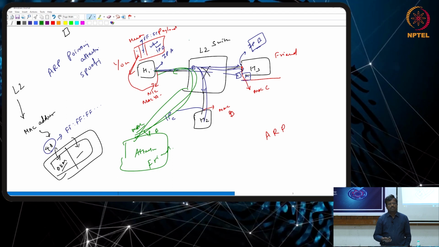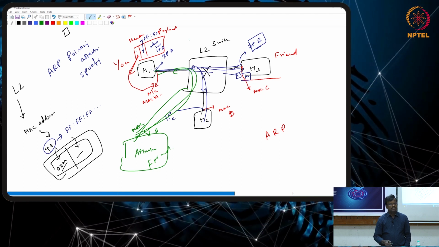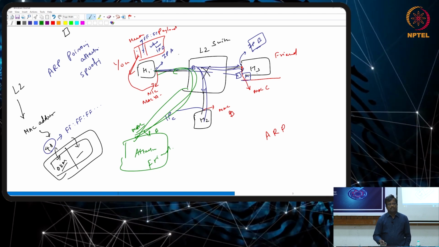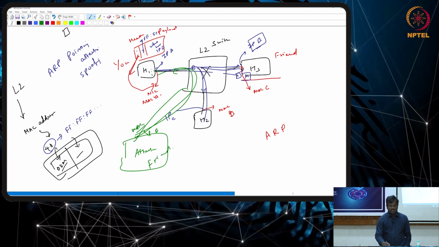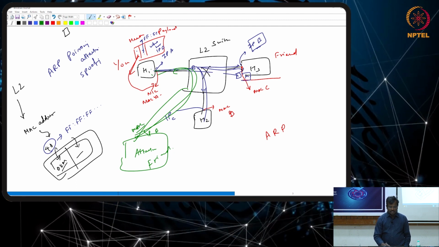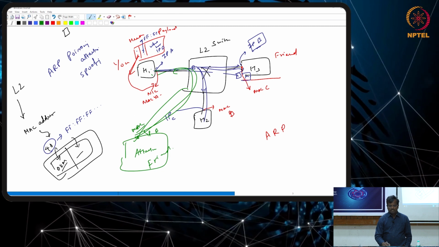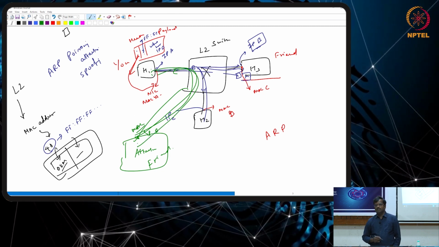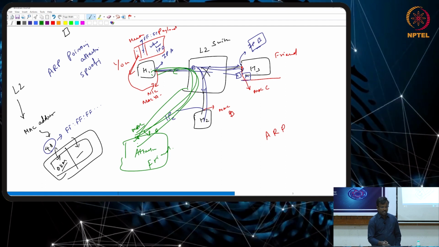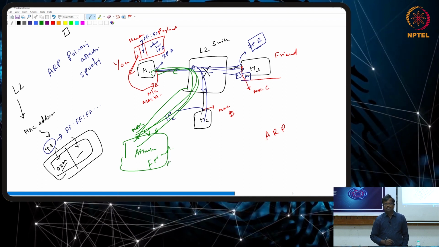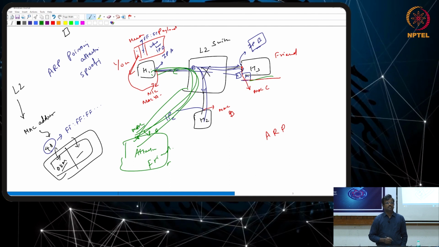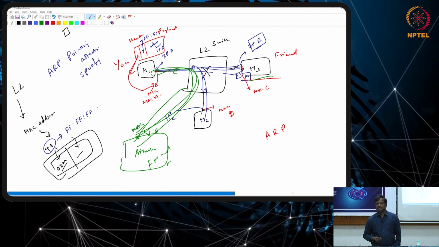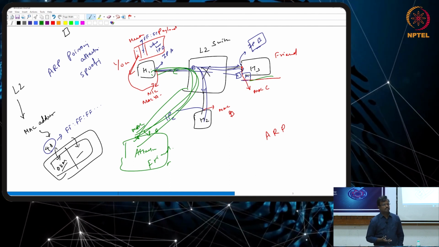Then what happens in this protocol? Before H3 responds, this guy is responding, and then H1 thinks that the MAC address of IP B is this computer. So all the communication happens between these two. H1 believes that your friend is sitting in this machine, but actually your friend did not receive it. Right? So this is called ARP spoofing.